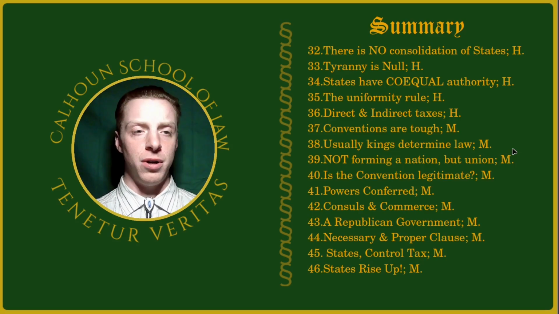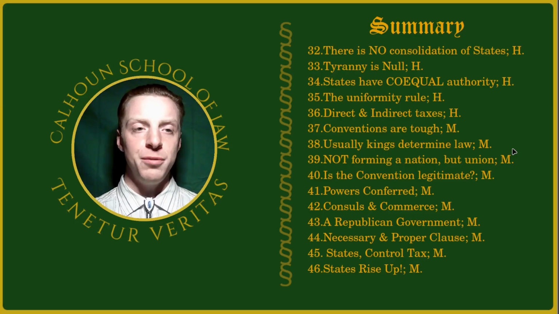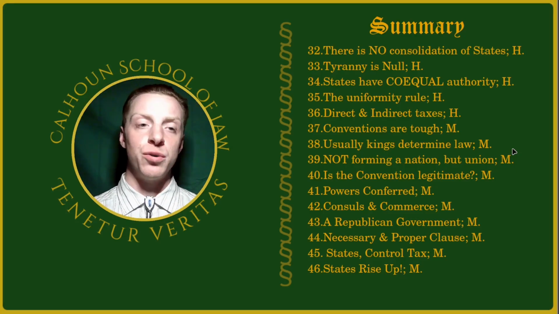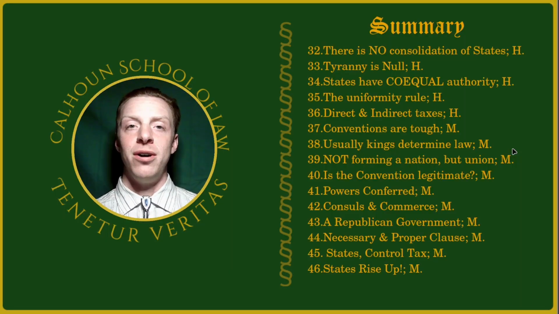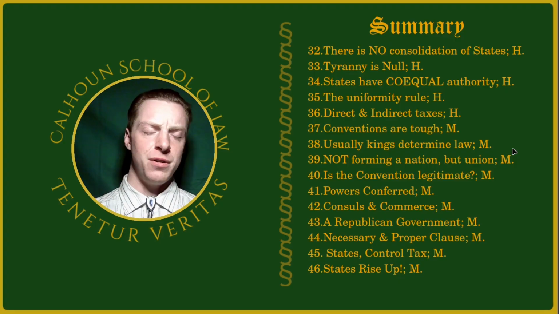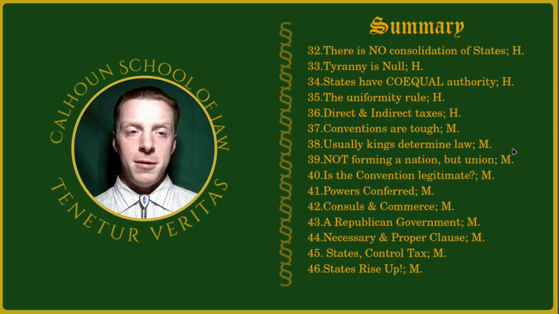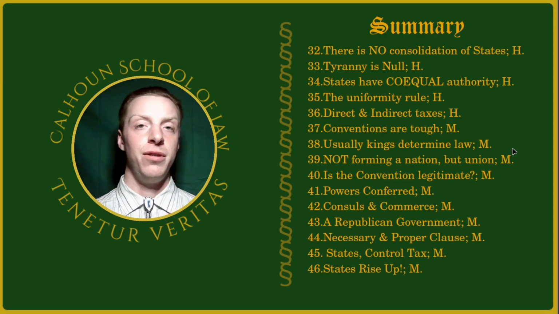The necessary and proper clause is preempted by the presumption that every act from the federal government will be in compliance with Article 6 of the U.S. Constitution, which is that every act and every law has to be made in pursuance of the U.S. Constitution.